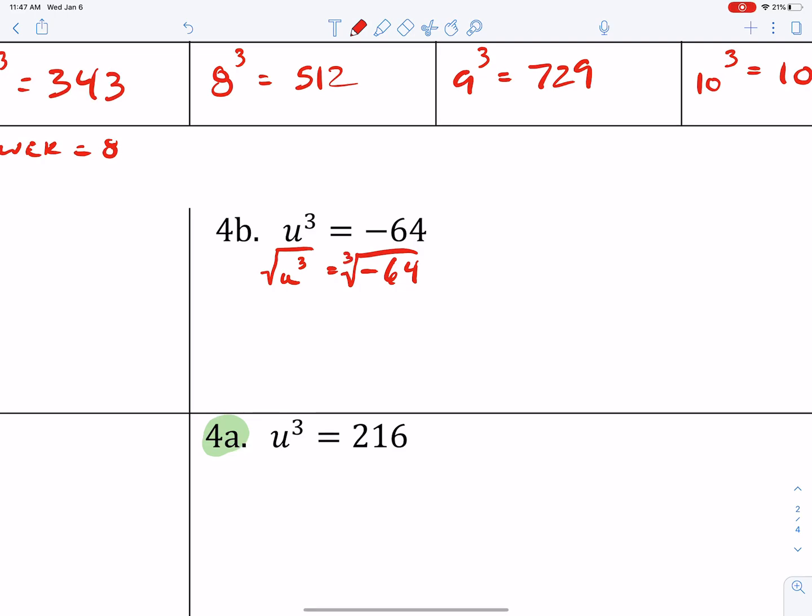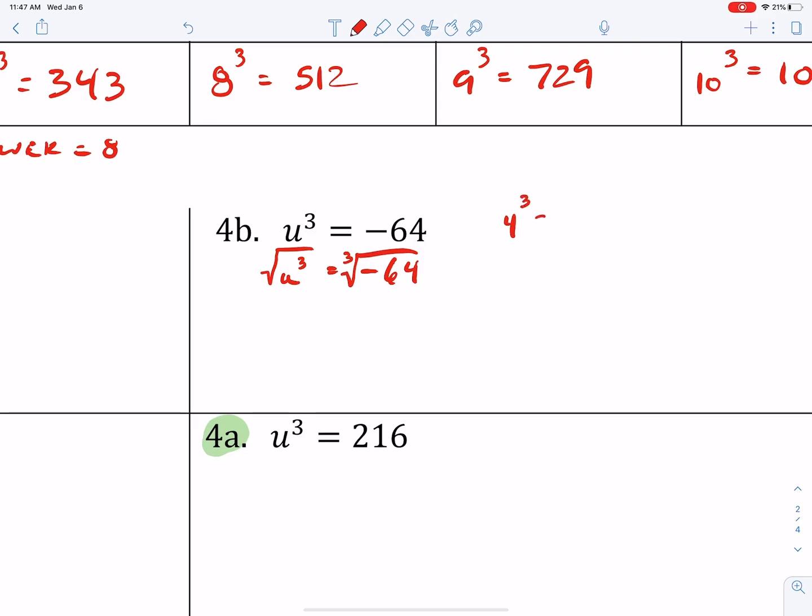cubed. This is different than saying the square root of negative 64, folks, okay? Square root of a negative is different. We would have to deal with i, our imaginary numbers. Here we're dealing with cube roots, so there is a difference. Well, what's the cubed root of just 64, right?